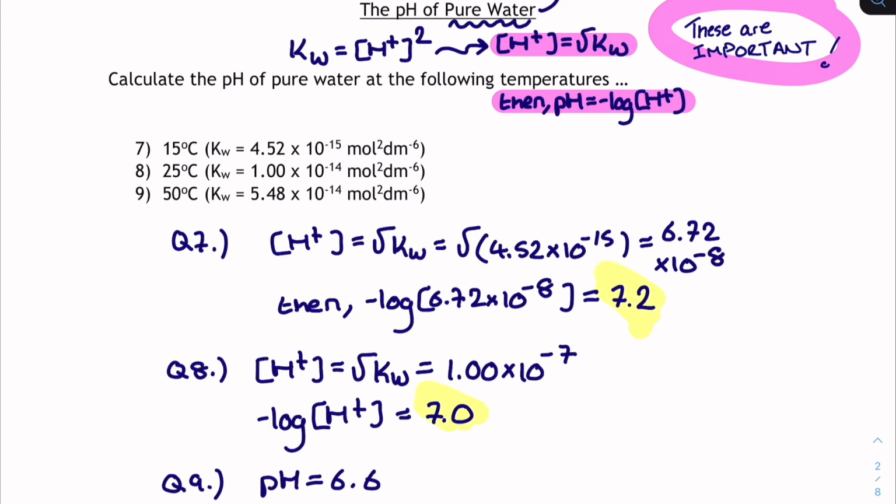What you should start to notice here, and we'll just alert ourselves to this, is as the temperature is increasing, you'll notice then when we move to question 9 that the pH of the pure water is decreasing. Now, a novice to this would then say, well, what that means is the pure water is getting more acidic as the temperature rises because the pH is decreasing.